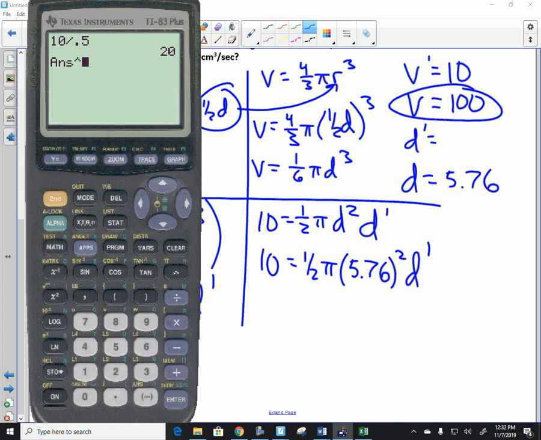Then I got to divide that by pi, and I get 6.36. And I got to divide it by 5.76 squared. And I get 0.19. D prime is equal to 0.19. What is my measurement? Centimeters per second.